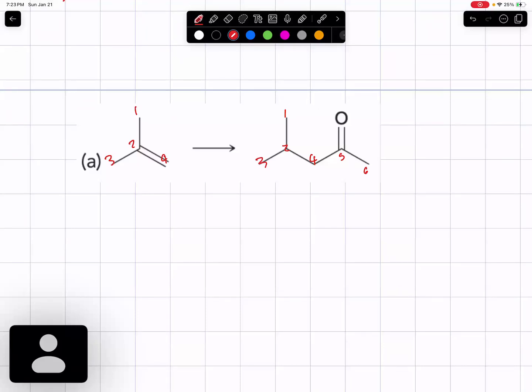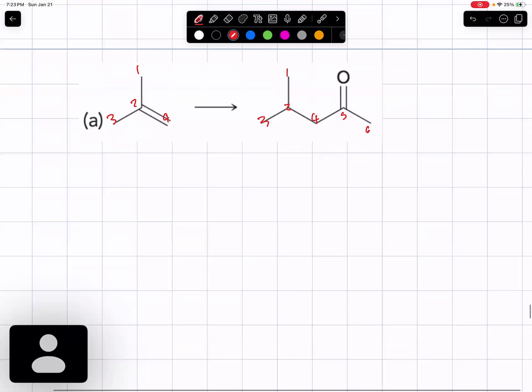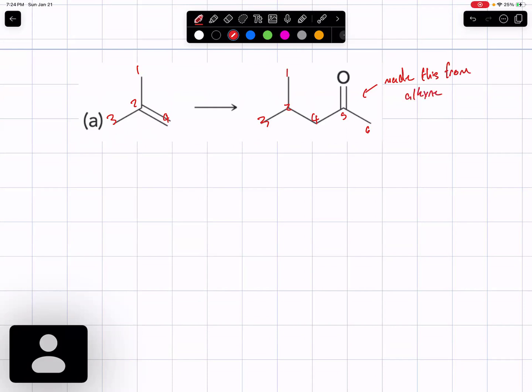So let's say we started backwards. This is retrosynthesis. We're starting backwards, okay? And since we're starting backwards, we can say that we made this product from an alkyne, right? So now let me draw the alkyne.